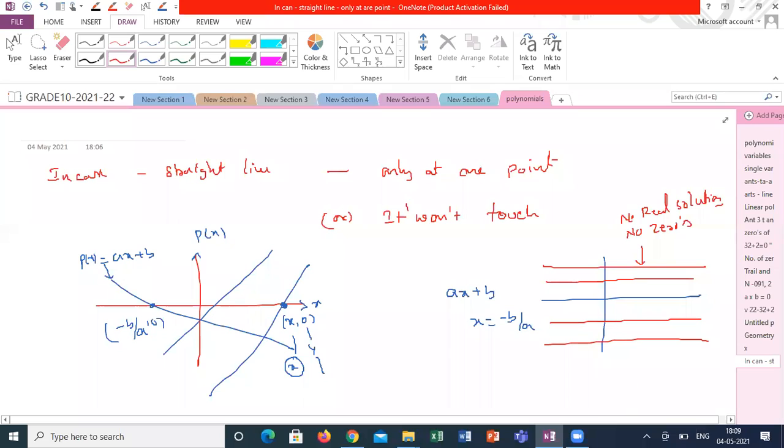In other situations, no zeros means what? Can you give any expression which will represent this scenario? Whatever values you substitute, you never get that answer. Whatever value zero substitute, it's a zero polynomial, simple.